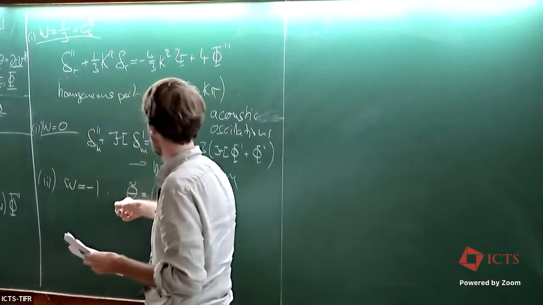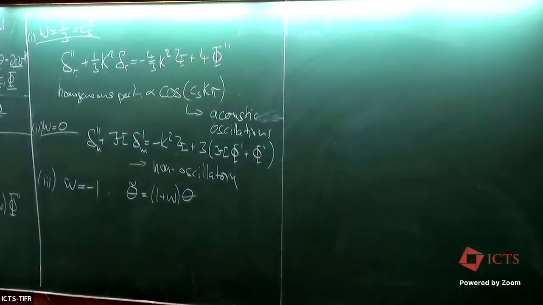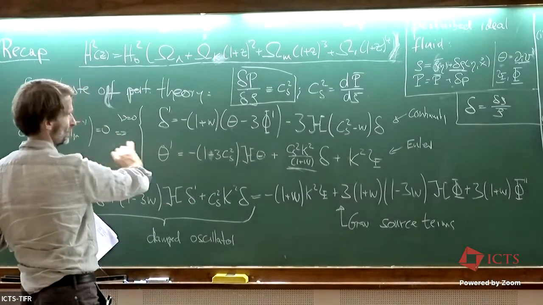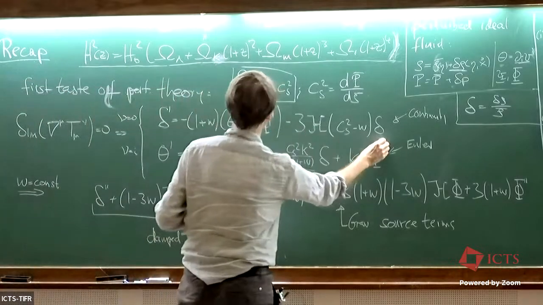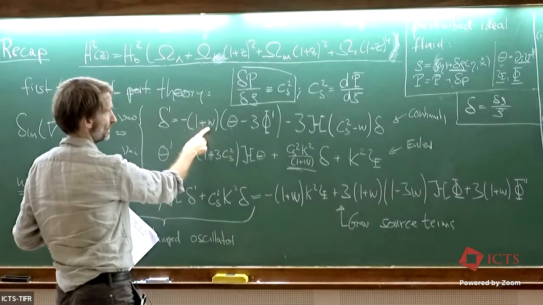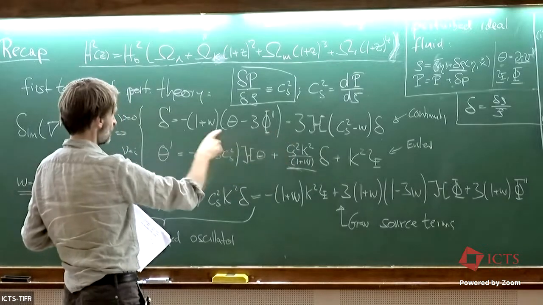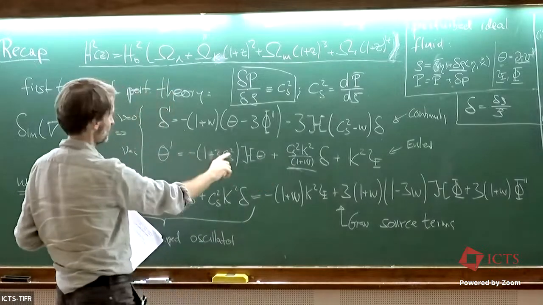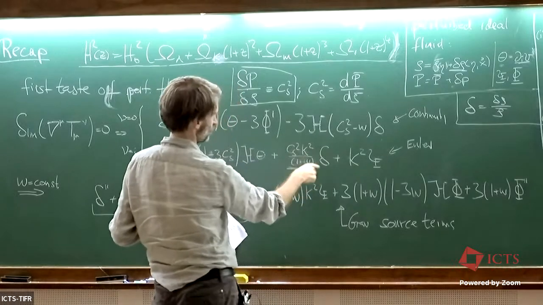So if we define this theta tilde, then we see that in the case of, so we multiply the last equation, the Euler equation, by 1 plus w essentially. And then we see that this term goes away, this term goes away if w is minus 1. Sorry, this doesn't go away. And in this equation, well, we multiply everything by 1 plus w. So this becomes proportional to delta.